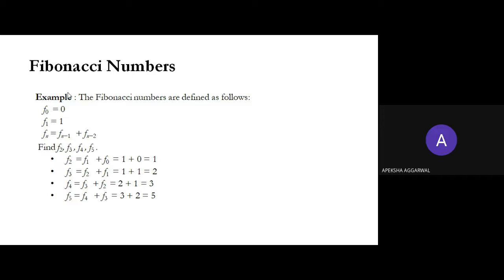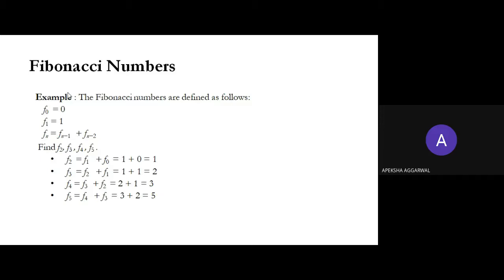So F0 is equal to 0 and F1 is 1. This is predefined; these two are the basis step. The second step: F2 is equal to 0 plus 1, and F3 is equal to the previous two. So this is the recursive definition: F3 is equal to F2 plus F1, and so on.